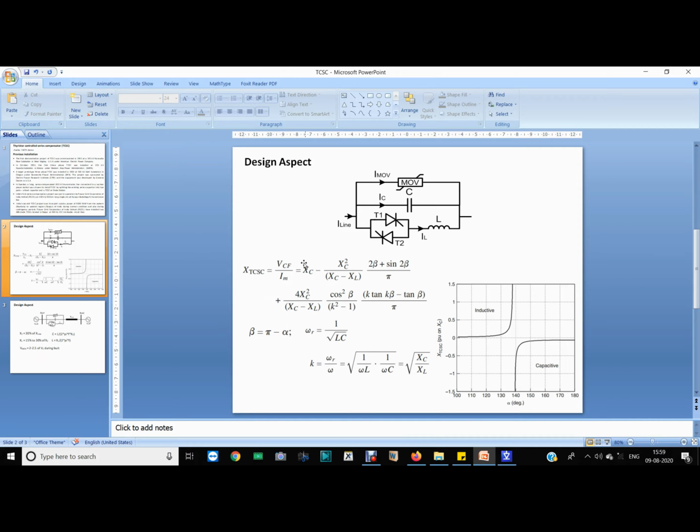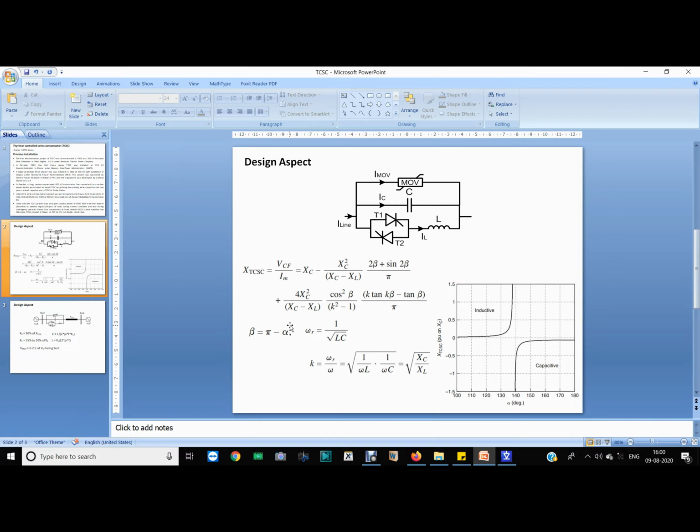So take XC common from all these terms, and this will give you the per unit X_TCSC versus alpha, right?